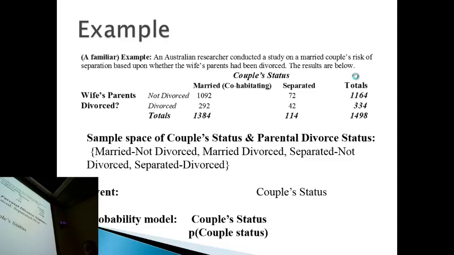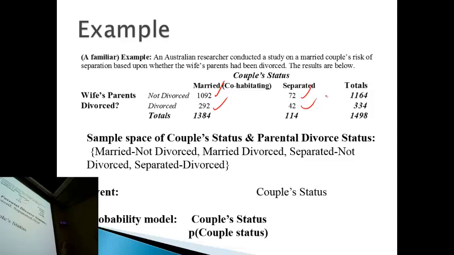Here in this example, you have a couple's status, whether they're together or not, okay? Or happily married or whatever. And then, of course, whether the wife's parents were divorced or not. So you have four different types of people. This group, married, parents aren't divorced. This group, married, but your parents were divorced. This group, you're separated, but your parents not divorced, and likewise.